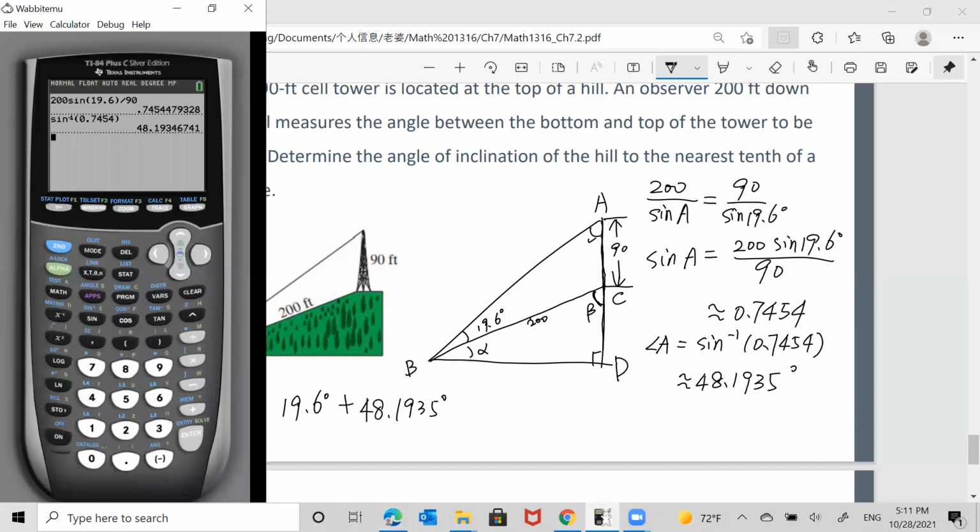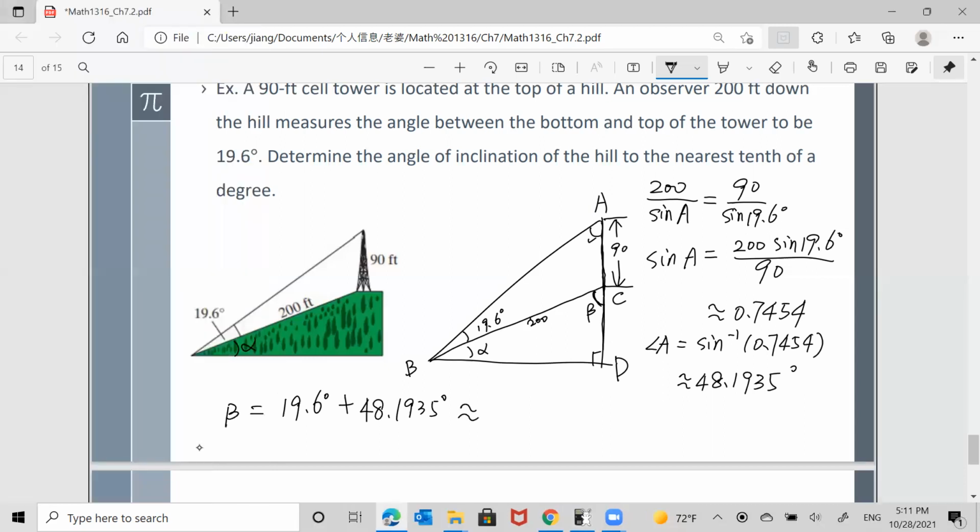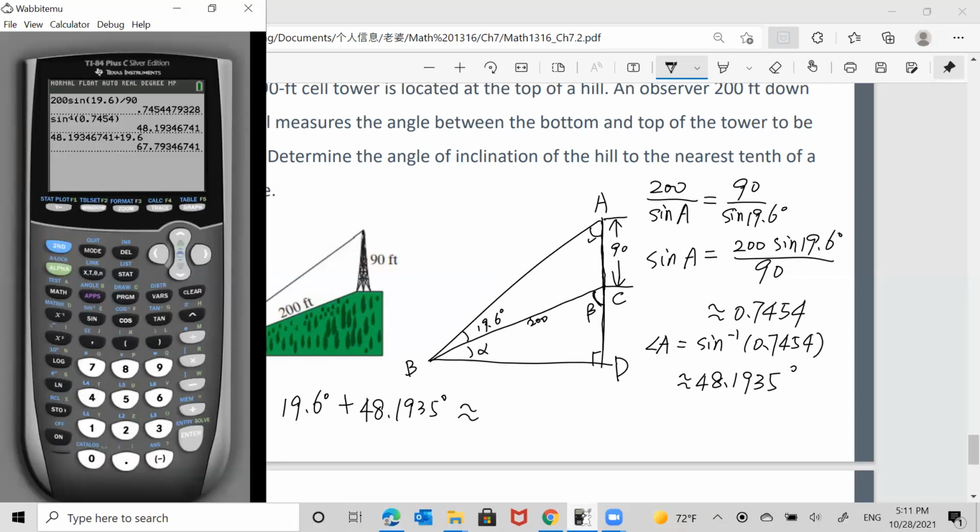Use the calculator, I'm so lazy. Plus 19.6. That's 67.7935 degrees.